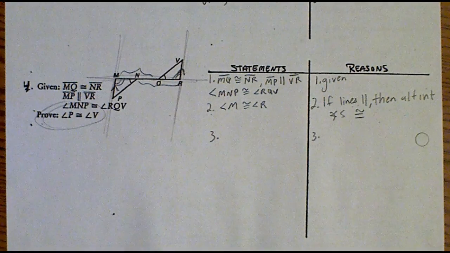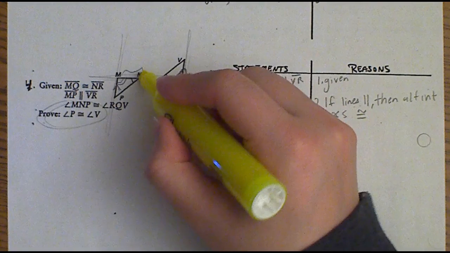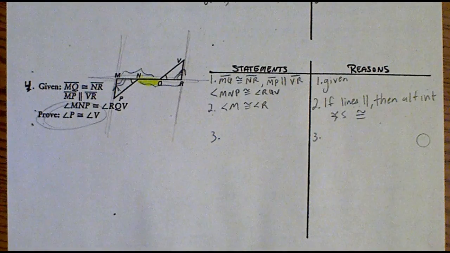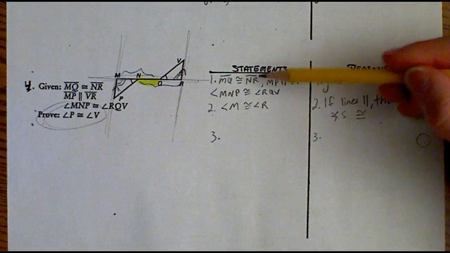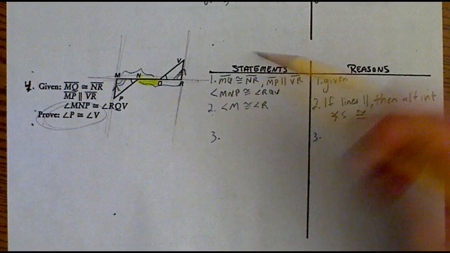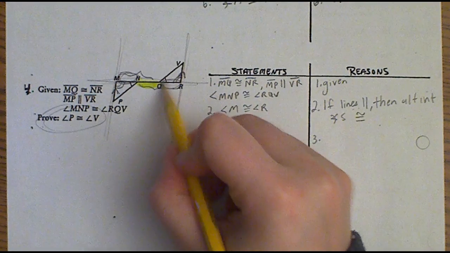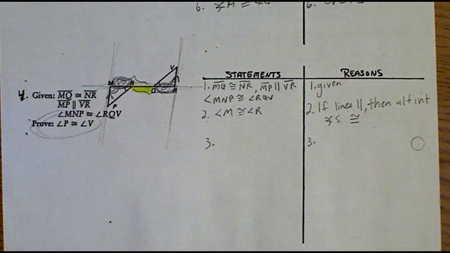And so what I noticed about that given is that both of those segments share NQ. NQ is being overlapped. And so if I take NQ away from both of the given segments, it will leave me with the segments that I want. I want MN and QR. I want to be able to show that those are congruent segments.